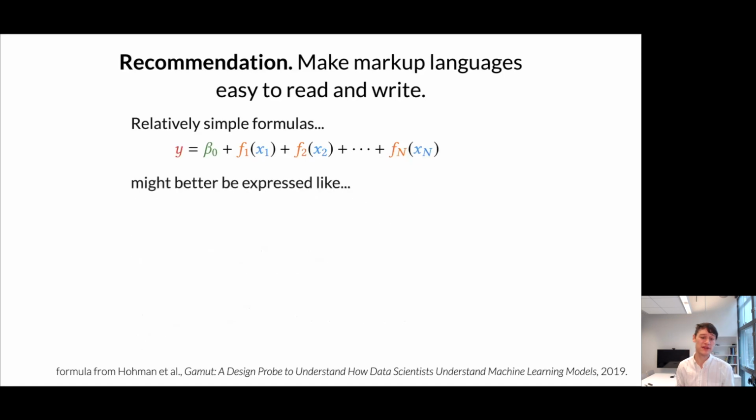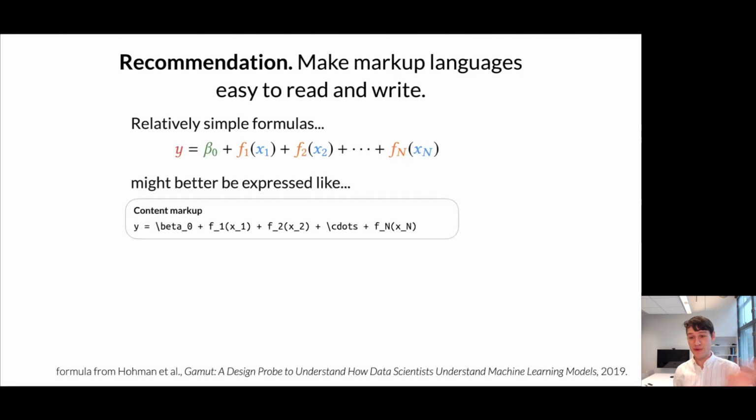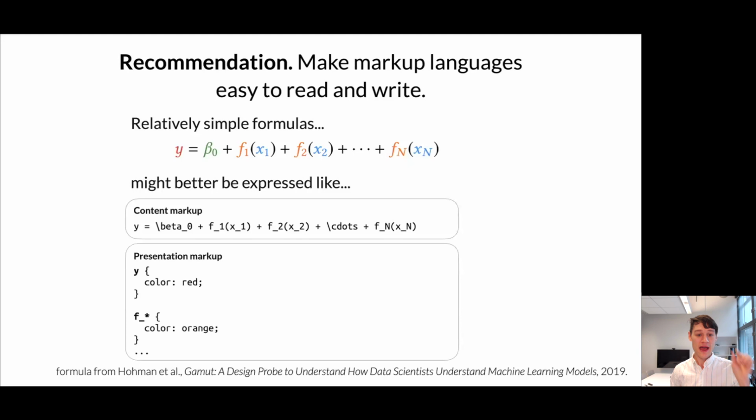And a better way of expressing this might instead be, for instance, allowing people to express the formula as just the formula, and then allowing them to write out some presentation markup, maybe in a CSS-like language, that would then apply across the different expressions within that formula, and where individual styles could apply to multiple expressions.